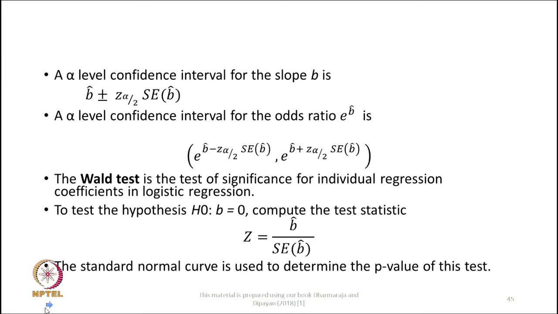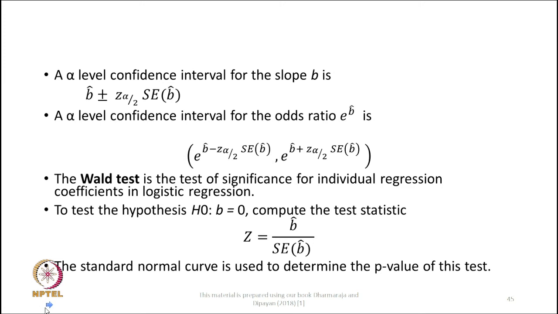We can go for hypothesis testing for the regression coefficients also. For example, you can take a null hypothesis that the coefficient B takes the value 0. The alternate hypothesis is B is not equal to 0. This test is called a Wald test.